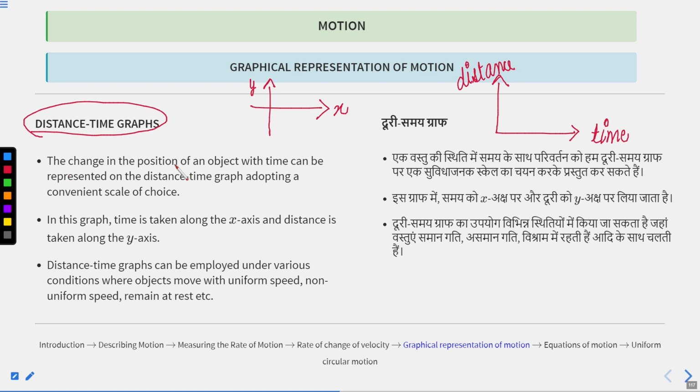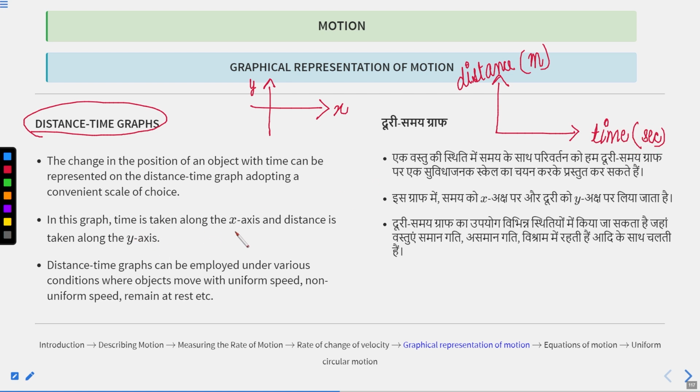The change in position of an object with time can be represented on the distance-time graph, adopting a convenient scale of choice. Scale means you can take time in seconds and distance in meters, or distance in kilometers and time in hours, depending on you.